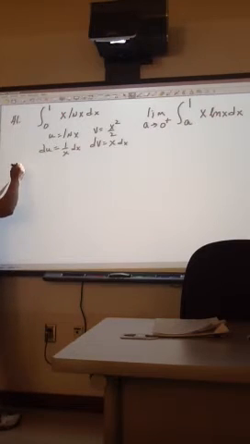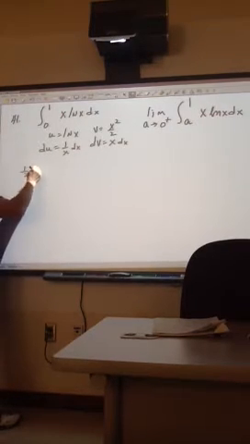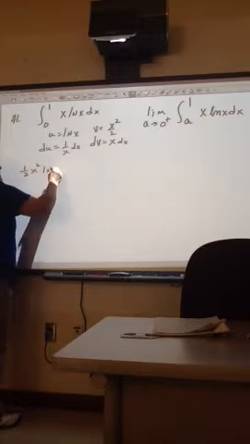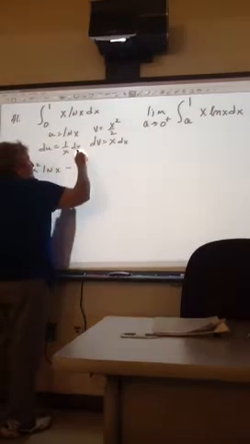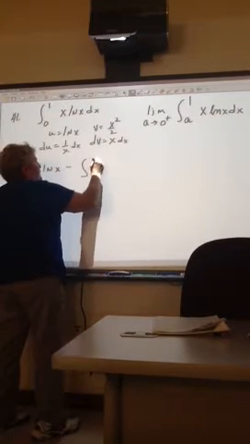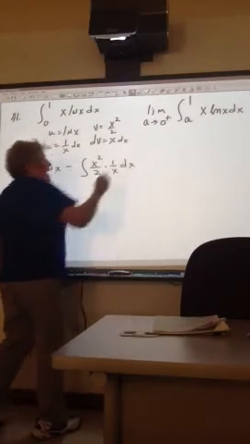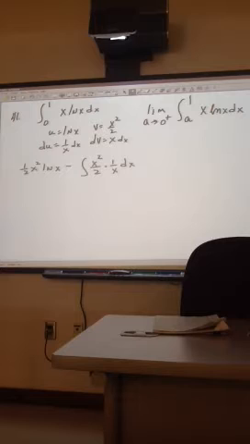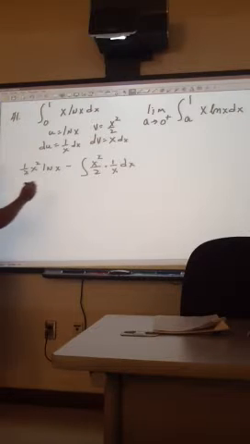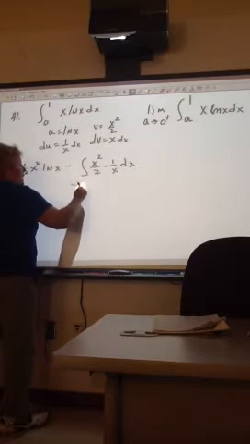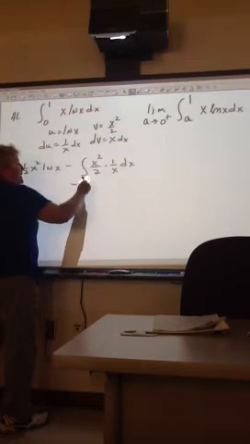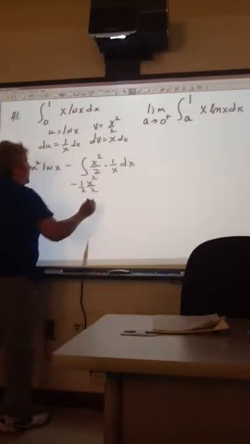So your uv is 1/2 x squared ln of x minus the integral of x squared over 2 times 1 over x dx, which you can now integrate. So this is a minus 1/2 x, which integrates to x squared over 2.